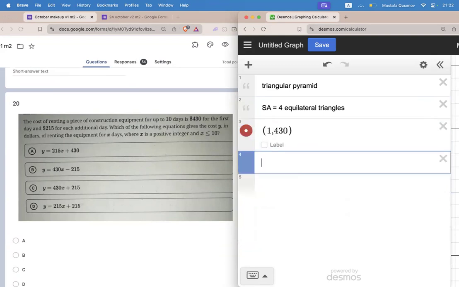So when you write 1 instead of x, you will get 430. So let's write 1 instead of x, we will get 615. We will get 215. We will get also 615 and we will get 430. So the answer will be D. It is simple like this. Any question?